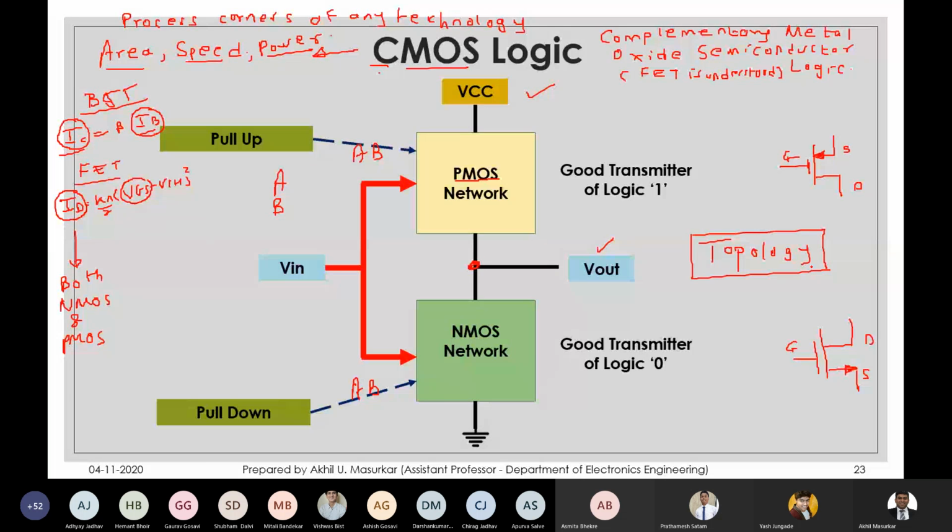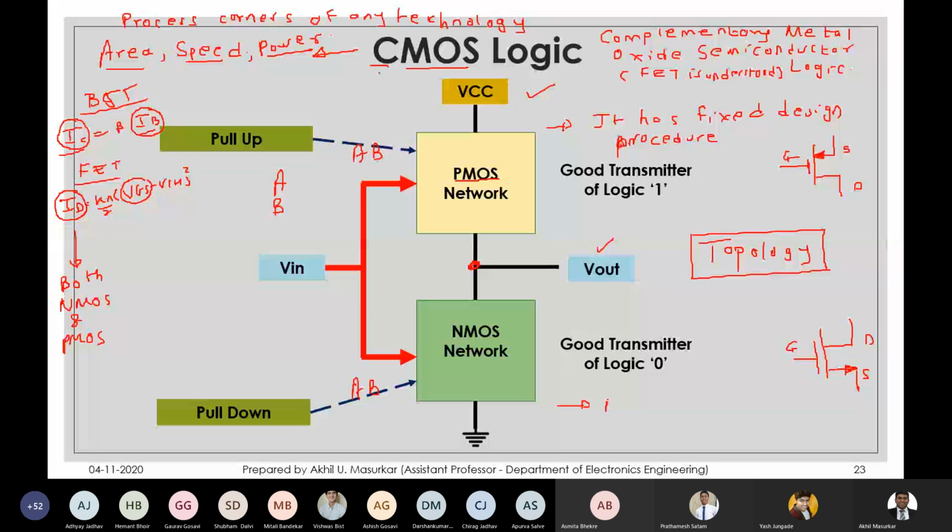Another advantage of CMOS is that it has fixed design procedures, and we can have almost zero static power dissipation.